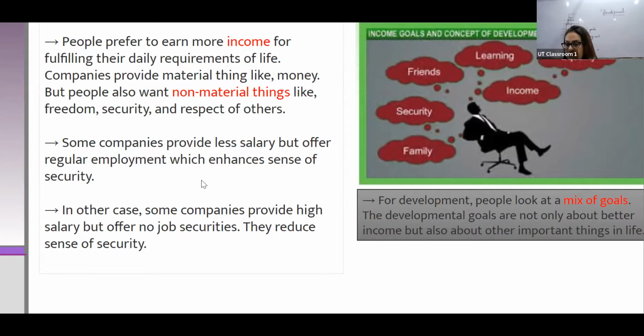One job provided more salary but less security, and the other provided a salary which is comparatively less, but it was a secure job. So mostly everyone preferred the lower one with the higher security. So what does this show? That money is not everything.